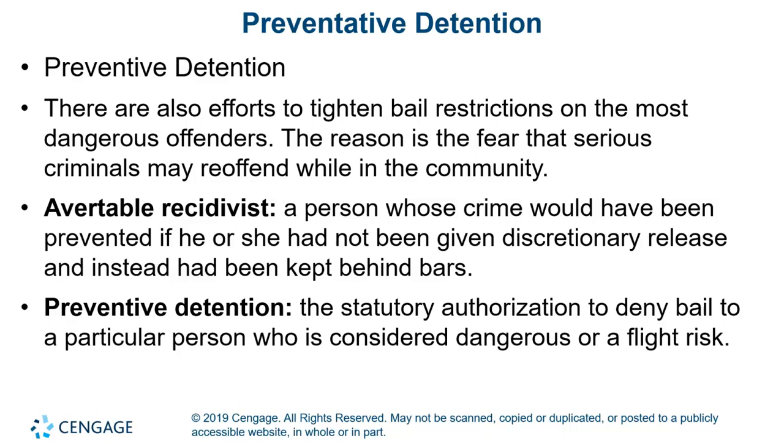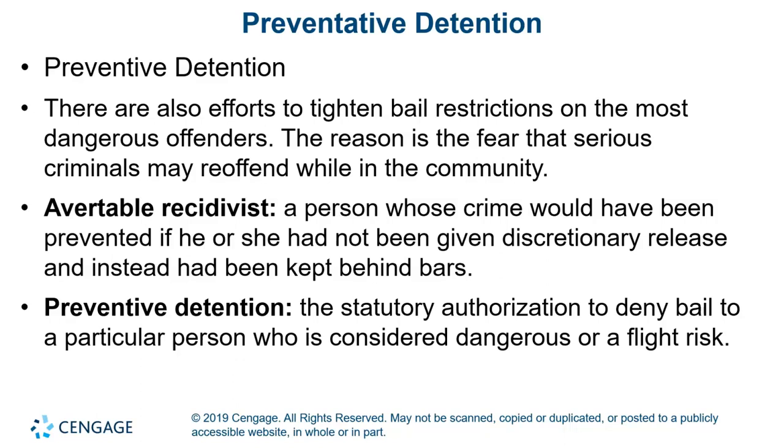One response to the alleged failure of the bail system to protect citizens is the adoption of preventative detention statutes. These laws require that certain dangerous individuals be confined before trial for their own protection and that of the community.